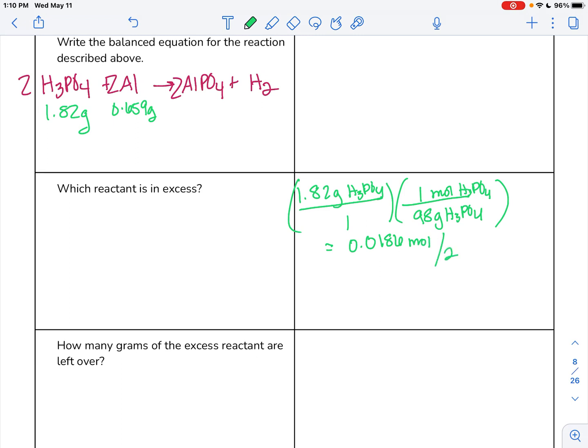And then we divide by 2 because that's the coefficient in our balanced equation, and we get this.